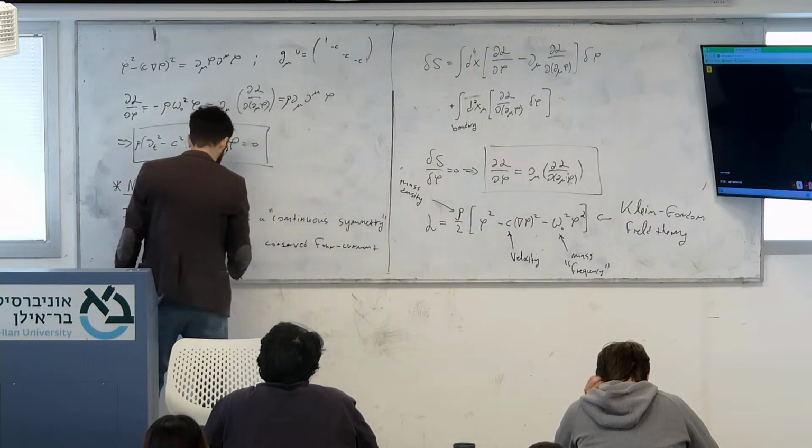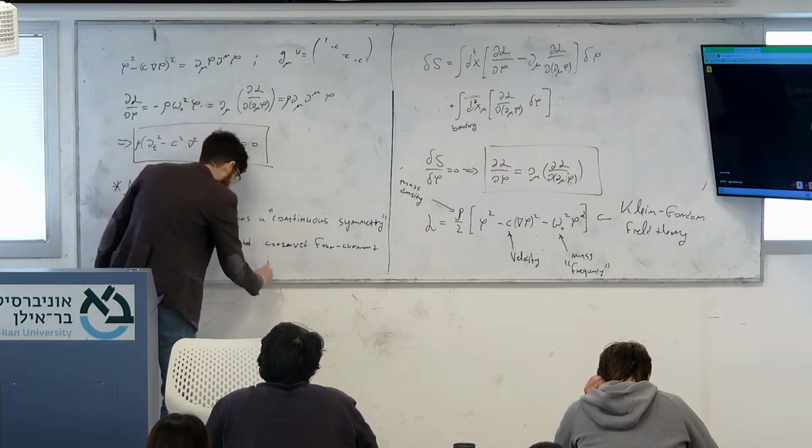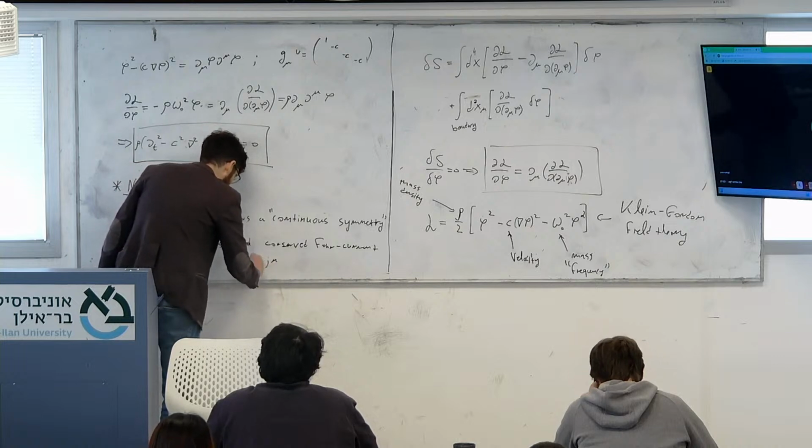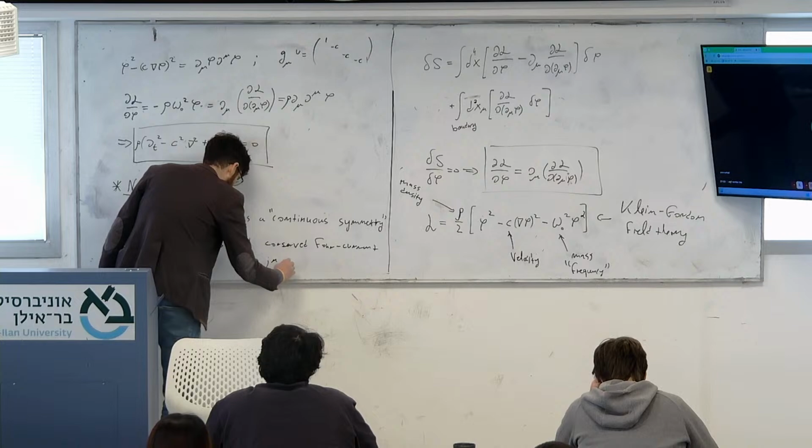So what I mean is that there is a current J mu such that d mu J mu is equal to 0.